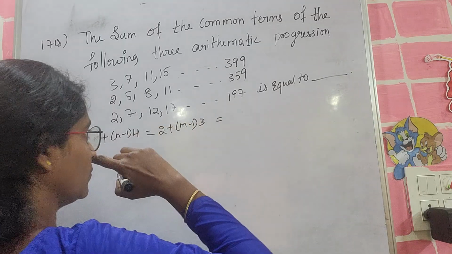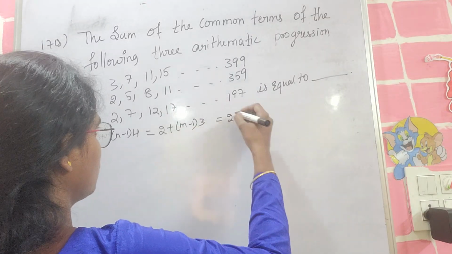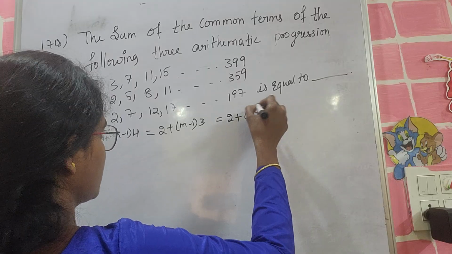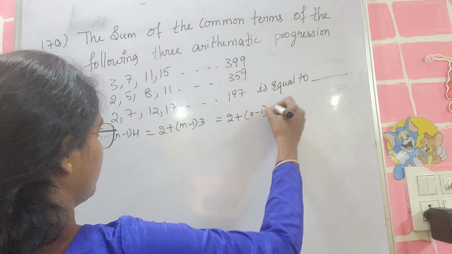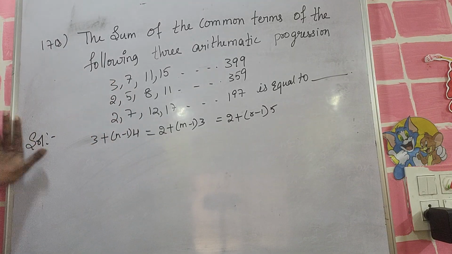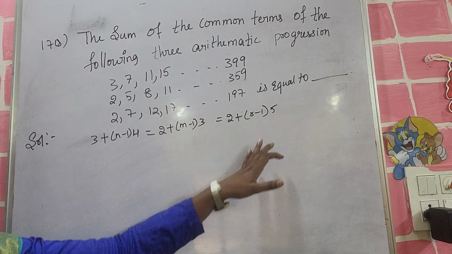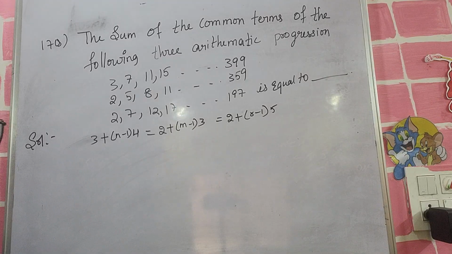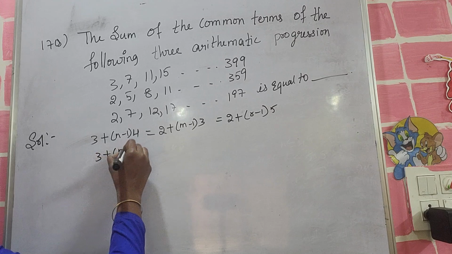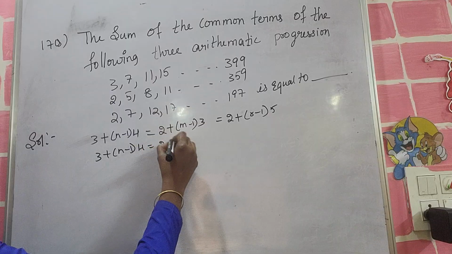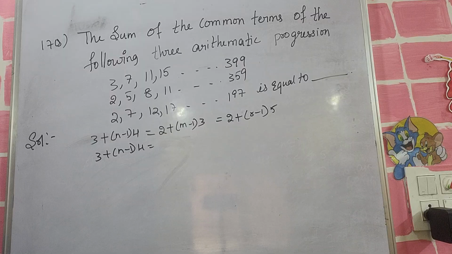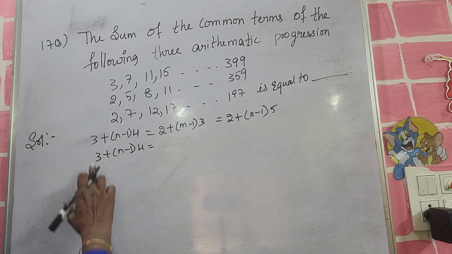Then it equals 2 plus r minus 1 into 5. So this particular term will be the common term. We'll compare these and try to find the a value. So 3 plus n minus 1 into 4 equals 2 plus m minus 1 into 3. Can I send 2 that side?